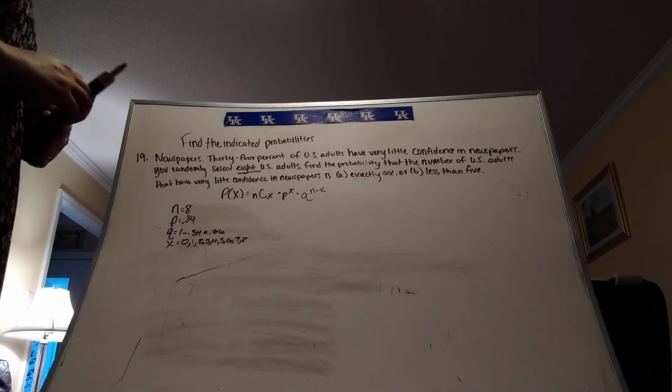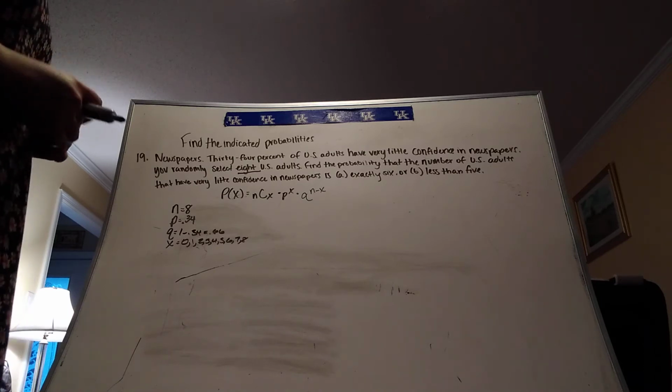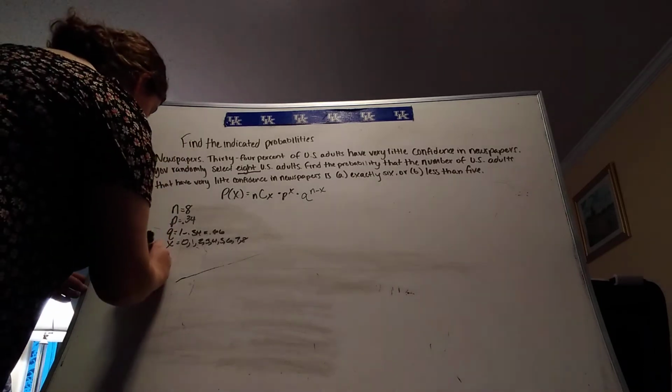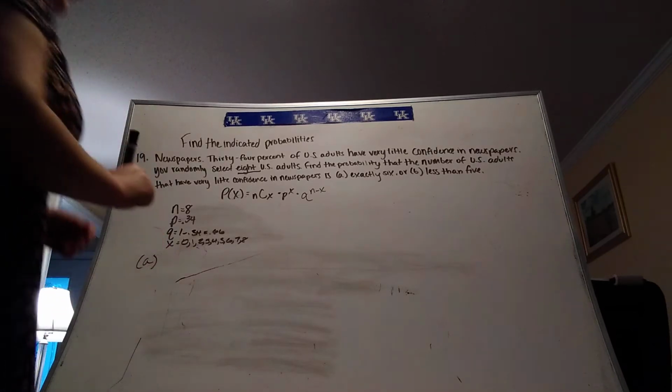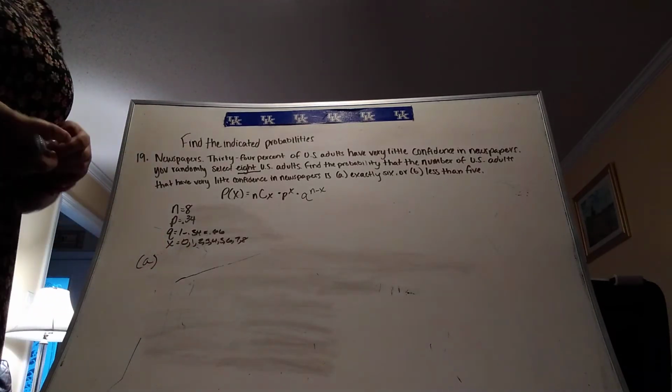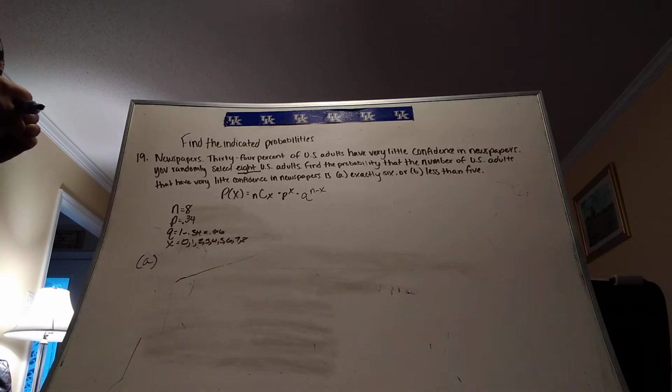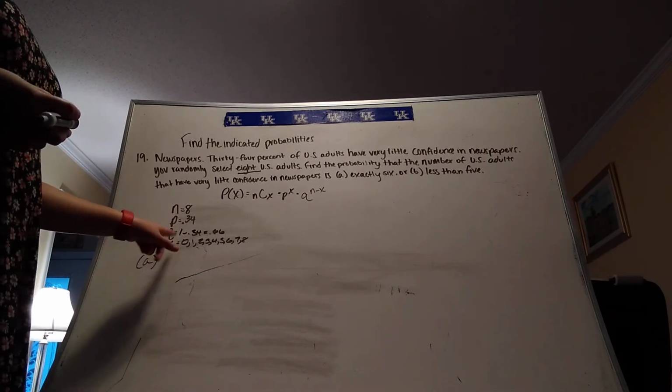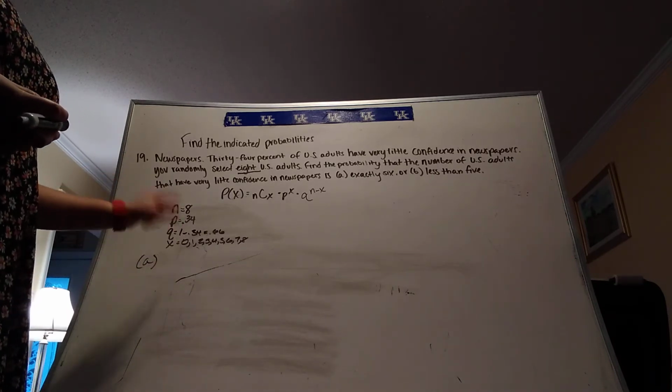So for our first value, we want to find the probability of exactly 6. So for this problem, we go ahead and plug in all these values, but our X term would be 6.